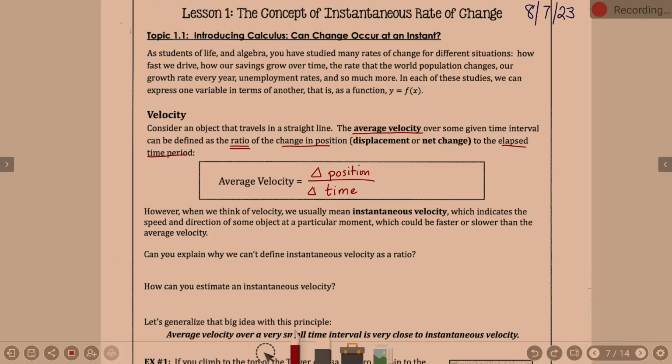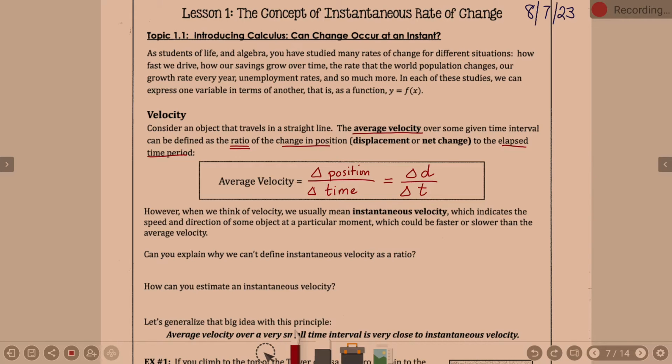Are we familiar with the little triangle? Delta. It means change, the change between two things. Think of it as just subtracting two things. So change in position over change in time. Change in position is your change in distance, so we could also do delta D over delta T, which is a way you would see it expressed as well.